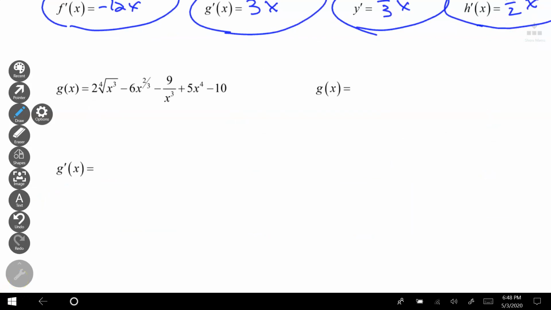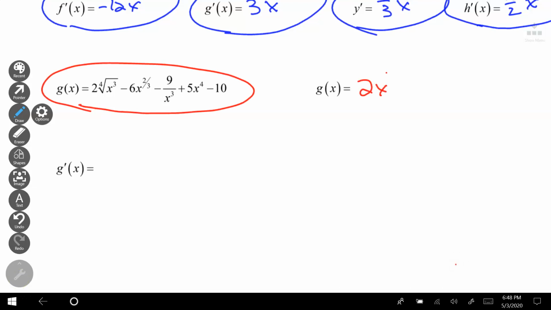And then finally I have this many-term function, g. I'm going to rewrite it as 2x to the 3/4 minus 6x to the 2/3 minus 9x to the negative 3 plus 5x to the 4th minus 10.